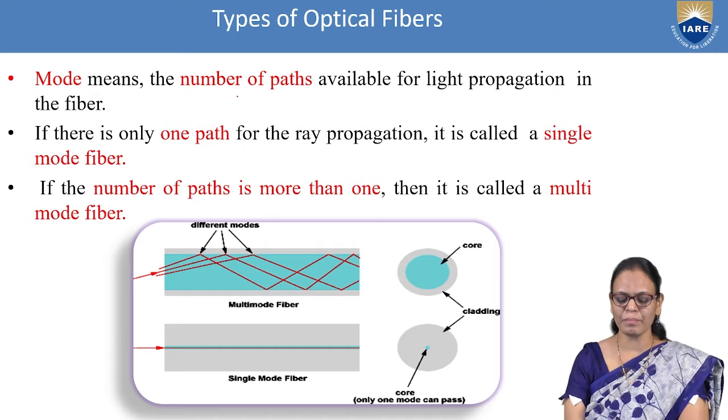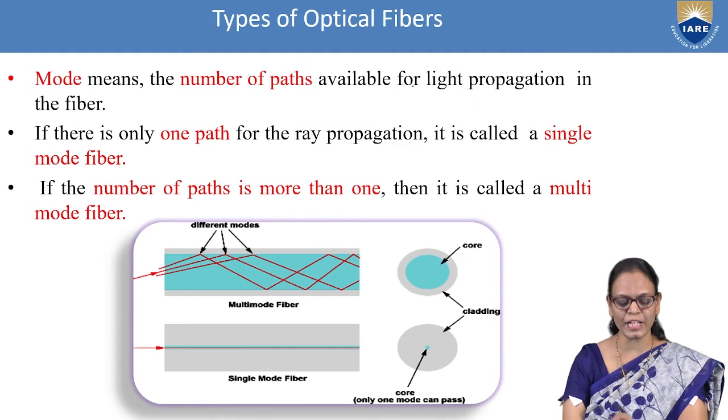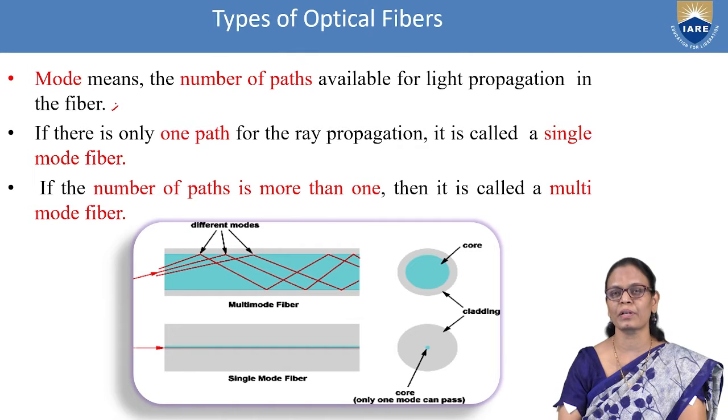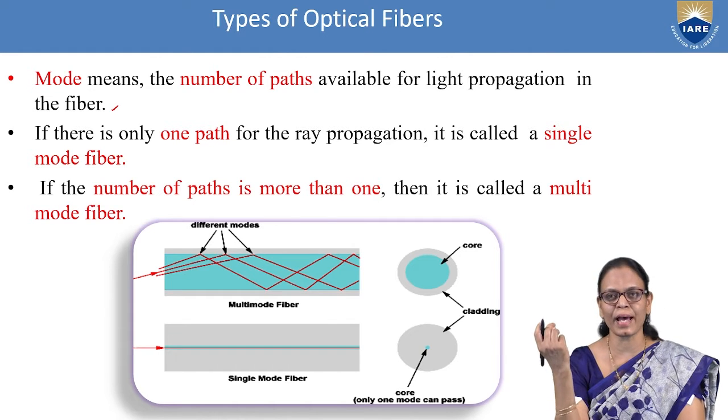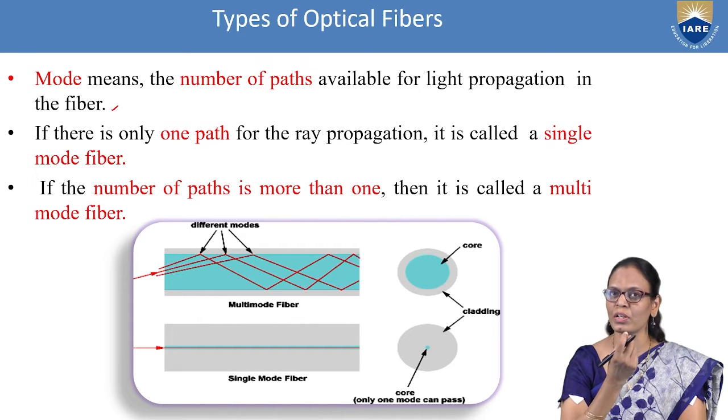Now, mode here means what? The number of paths available for light propagation in the fiber. We have discussed that the light, which is the carrier of the signal, travels through the core. So, if that light travels along a single path, then we call it a single mode fiber.